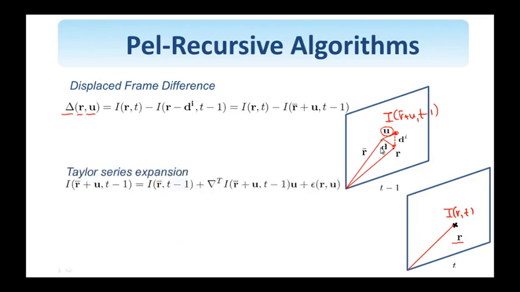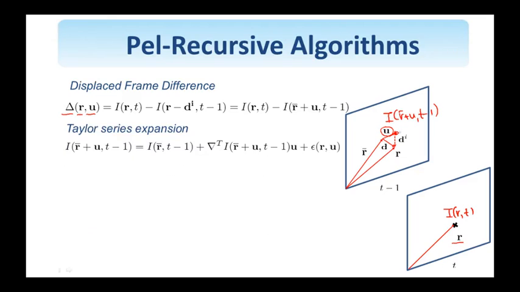We perform now a Taylor series expansion of this point we just indicated around this point, which is indicated like this. Here are the first order terms, and the higher order terms are modeled as an error term. Now, since u is smaller than d based on a good initial estimate of the motion vector, by keeping just the first order term here, I provide a better approximation to this intensity as compared to the case we covered when we discussed optical flow, where the Taylor series expansion was done with respect to d.